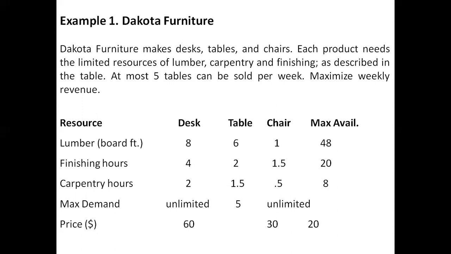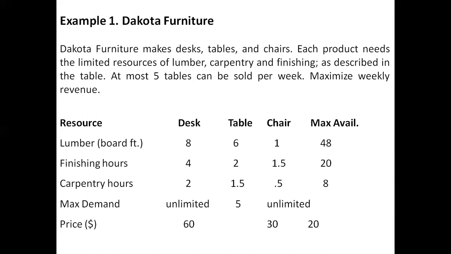The total hours considered for manufacturing this desk, table, and chair is below the maximum available time. That is 4 plus 2 is 6, plus 1.5 is 7.5, and 7.5 is less than 20.